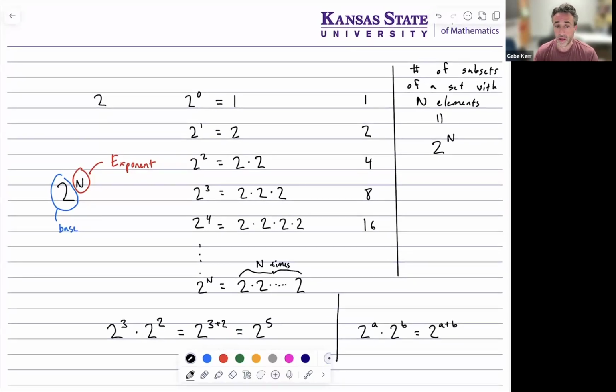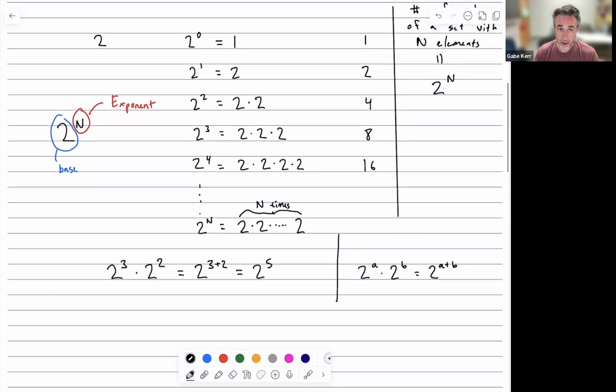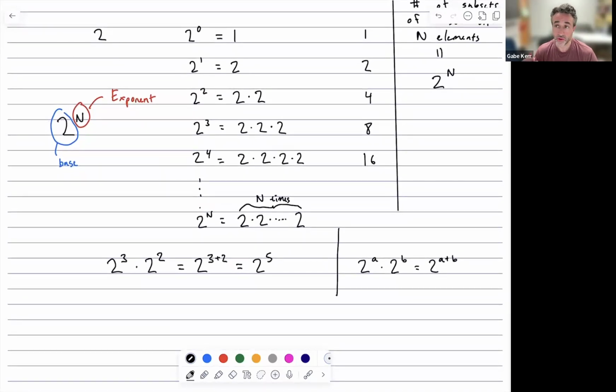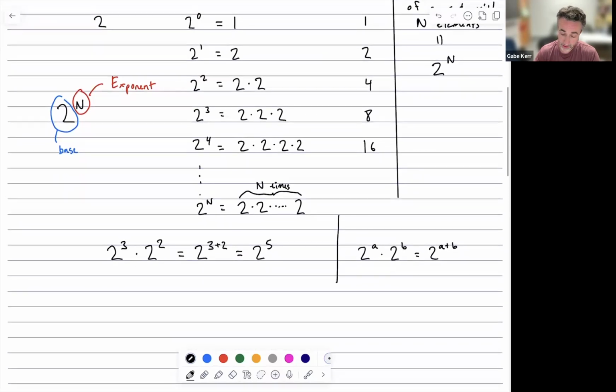All right, there are some other rules that you can imagine apply here as well. If I take a power and then I take a power of the power, those exponents multiply. Let's see if we can understand why that's true.